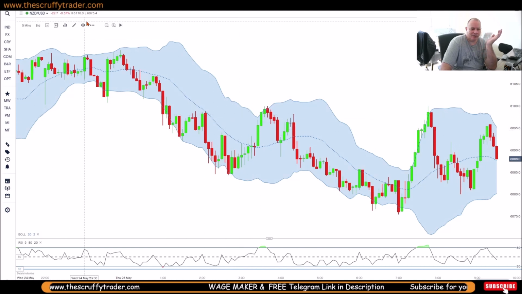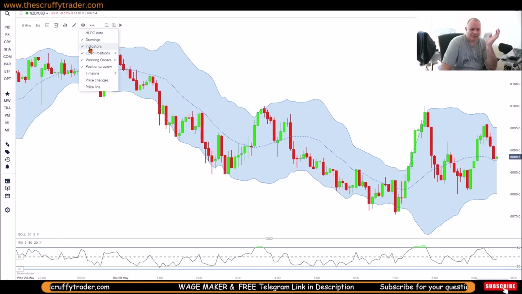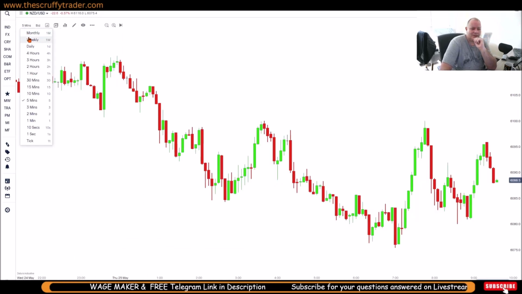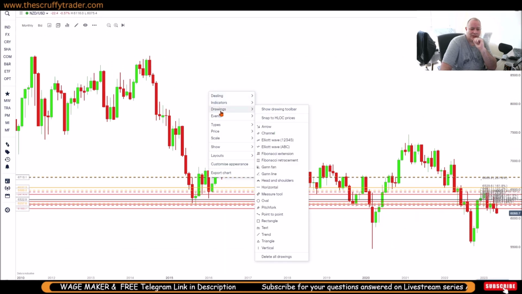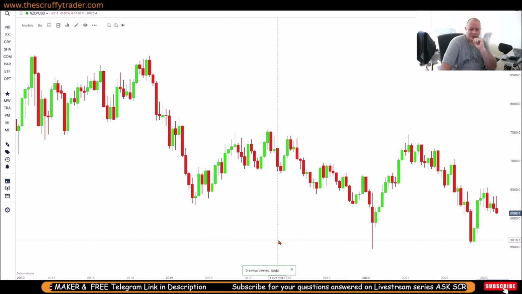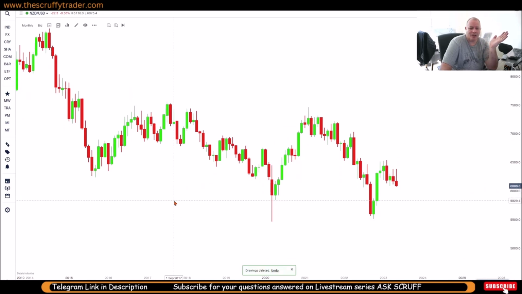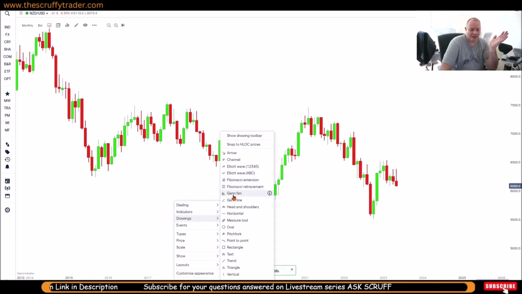Build a chart up. All the indicators off it. Now this might actually help Malcolm as well, but I'm mainly doing this for Michael. So take the indicators off, out to the monthly, get all the drawings out of historical data so we can see what we're doing. Key levels, right. Need these key levels, always need your key levels.